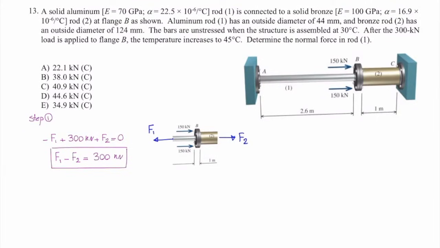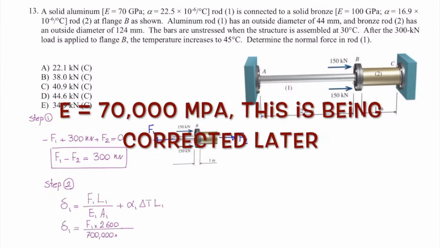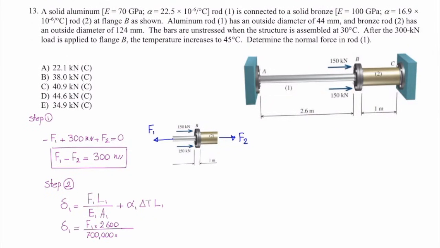Second step will be writing down the deformation as a function of force. So delta 1 will be F1 L1 divided by E1 A1 plus there will be thermal effect alpha delta T L. Let me write it down and plug the values. Element number 1 has an outside diameter of 44, which gives me area of 1520.